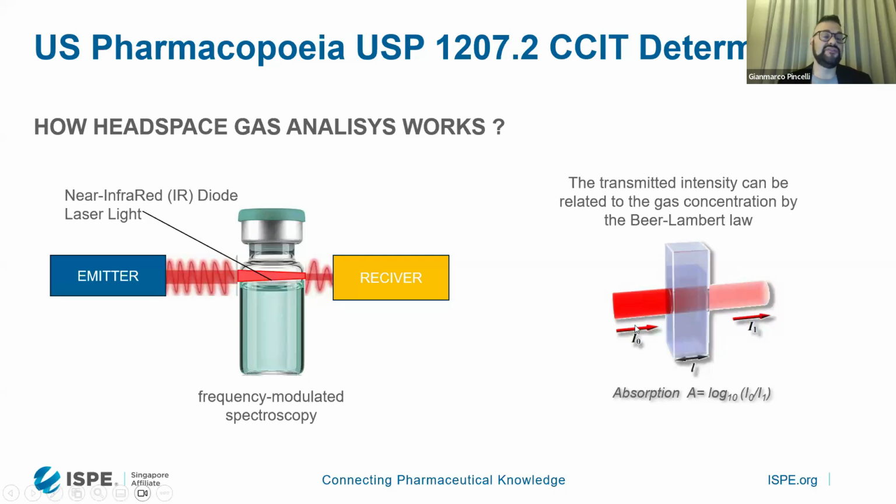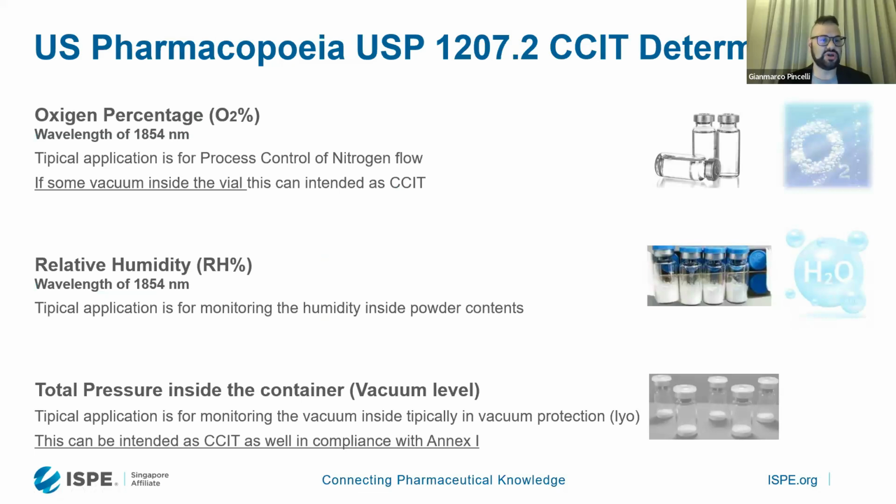So for example, if I set the laser wavelength to the oxygen level, to monitor the oxygen level, that is 780 nanometers of wavelength, that is absorbed by the product. In this case, inside of the product, you have oxygen that is filtering the light that is passing through.